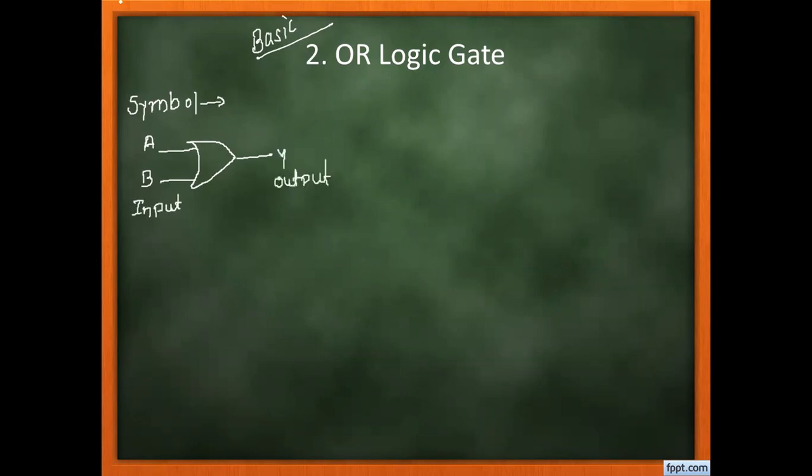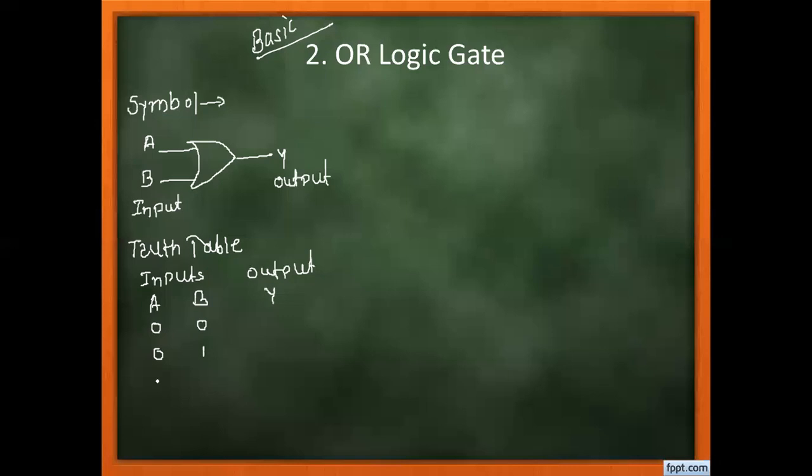Then what is the working or function of the OR gate? That can be expressed with this truth table. As you know, there are two inputs, A and B, and only one output, Y. With two inputs, there are 4 possible conditions: 0 0, 0 1, 1 0, and 1 1.